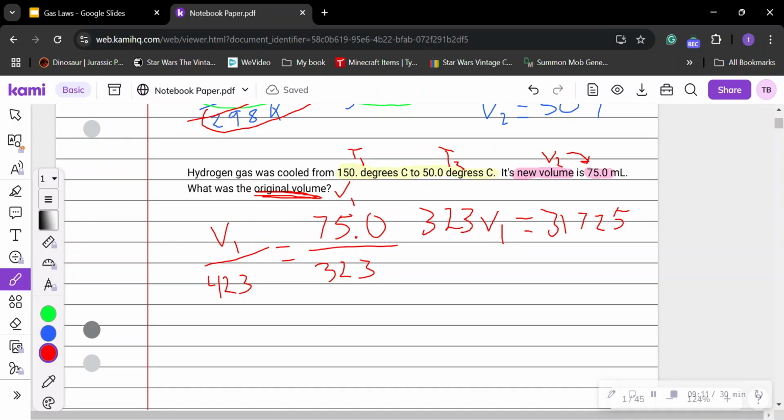Let me just look at my calculator. Yeah. Then we divide both sides by 323, which we would end up with, after rounding to significant figures, 98.2.